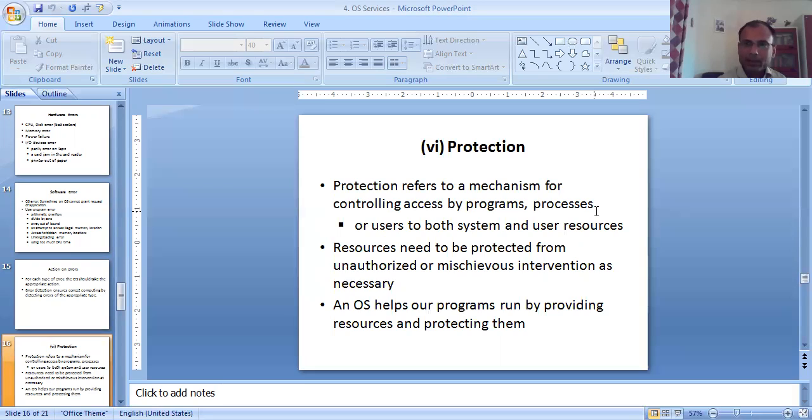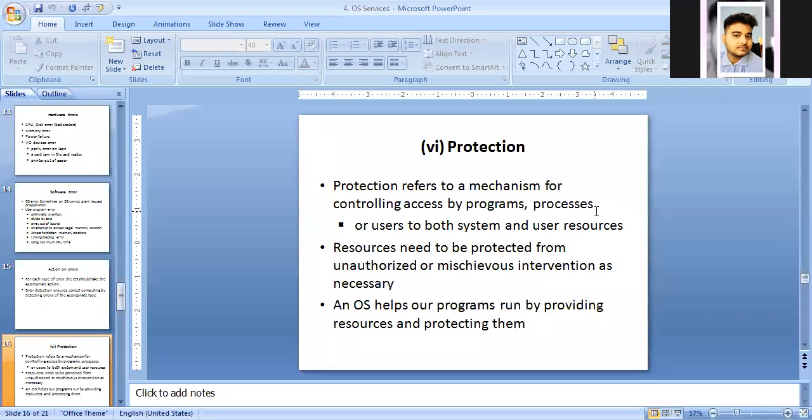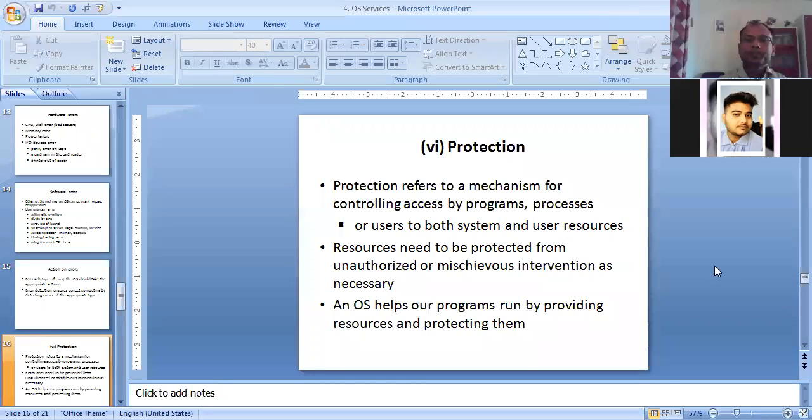Unauthorized in the sense that a person or program who is not authorized to use the resource or program should be prevented from using it. The OS now helps our program to run by providing resources and protecting them. A protection mechanism will be provided.